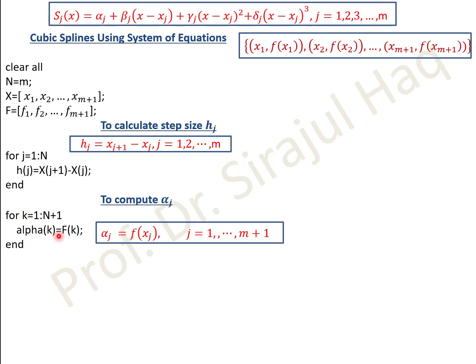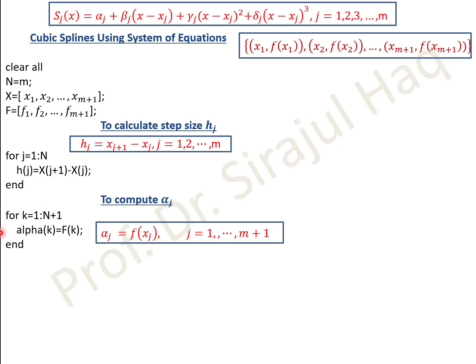Alpha 1 is equal to f of 1, and f of 1 according to this statement is given by f of x1, and f of x1 is in your data which you have fed to your computer. So it will take k is equal to 1, alpha 1 for you, k is equal to 2, alpha 2 for you, and k is equal to m plus 1, that will be alpha m plus 1, which is equal to f of m plus 1, and you can see that f of m plus 1 is available in your data.